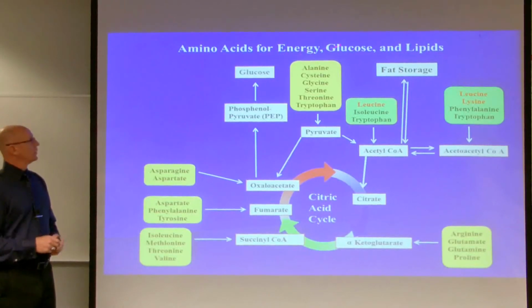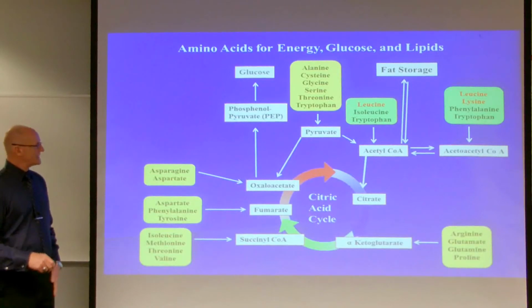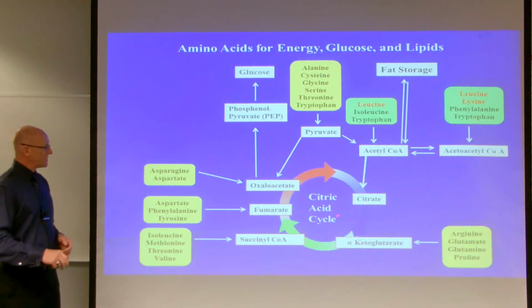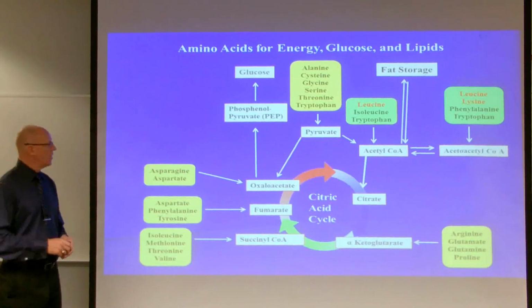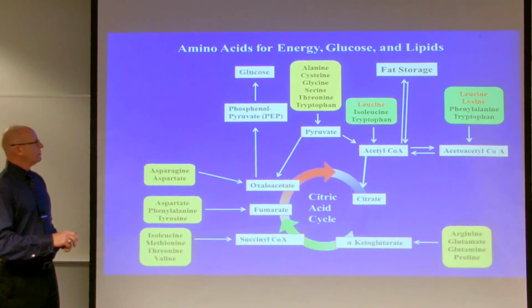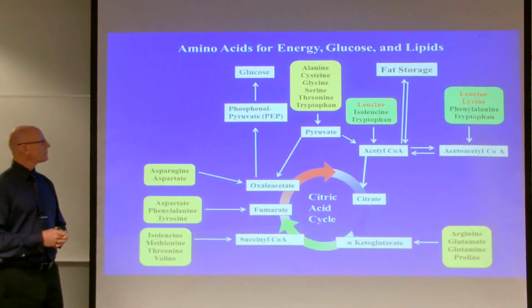Amino acids for energy will yield glucose and lipids. The amino acids in yellow, like asparagine, are glucogenic, meaning they can make glucose. They can go around the citric acid cycle and go to the electron transport chain, or they can come back up to oxaloacetate, make PEP, phosphoenolpyruvate, and then make glucose through gluconeogenesis.